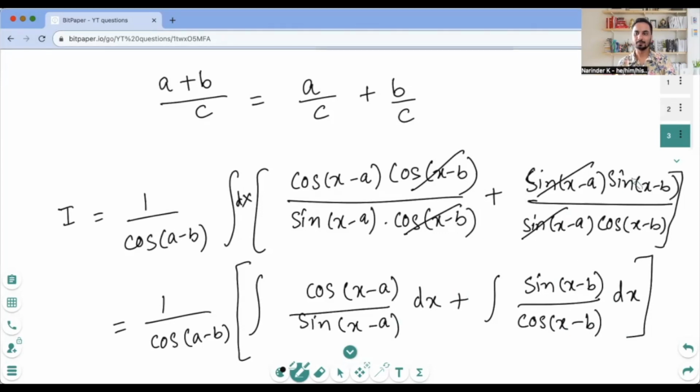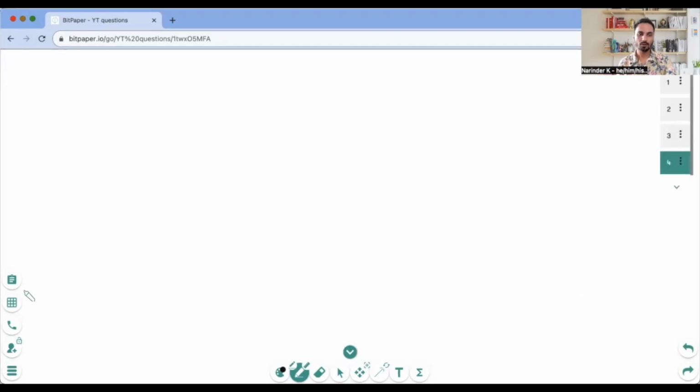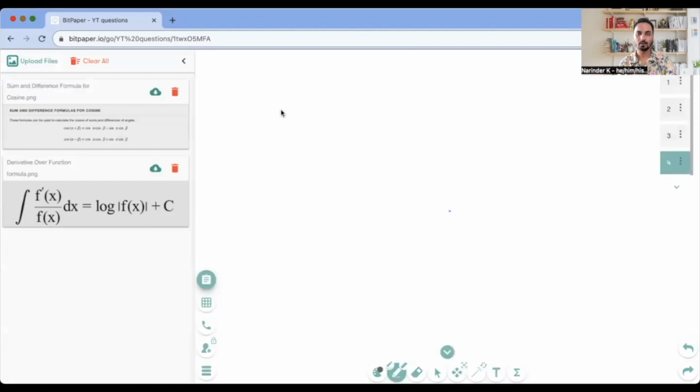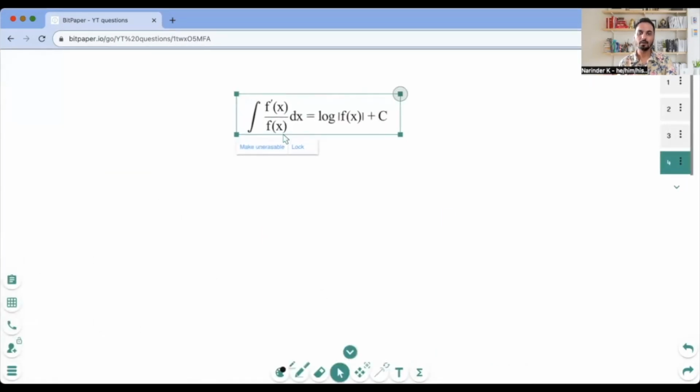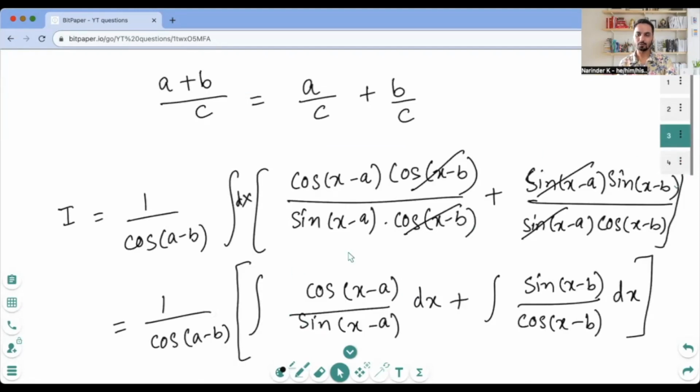After this, we can use a formula: if you have the integral of the derivative divided by the function, then it can be written as log of the modulus of the function plus c. So using this, the first function here is sin(x minus a) and its derivative is cos(x minus a).